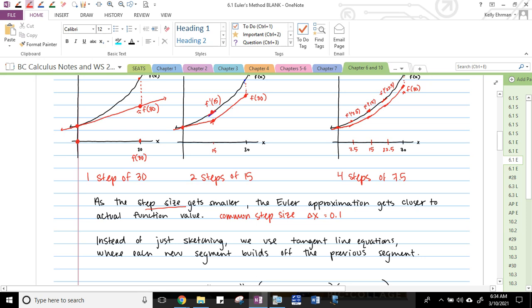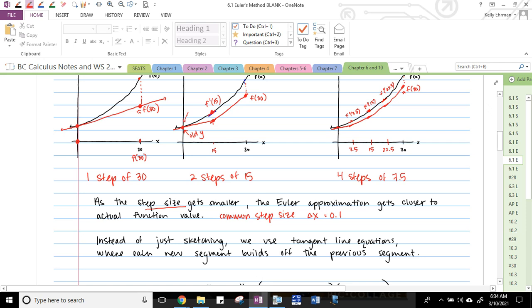So this new equation right here started at an old y value, and I had a step size of 15, and I used the slope at the old y to get to this y value, right? So I started with an old y.